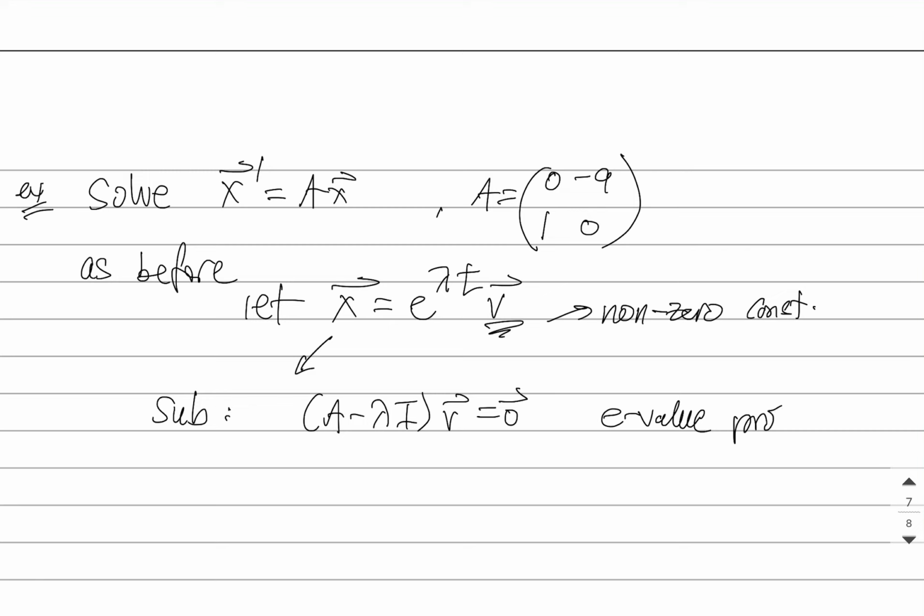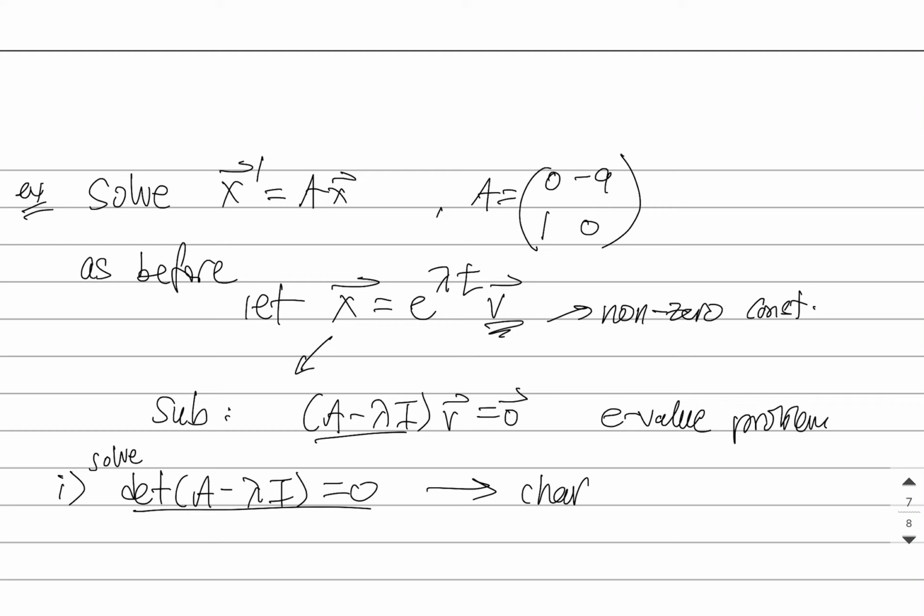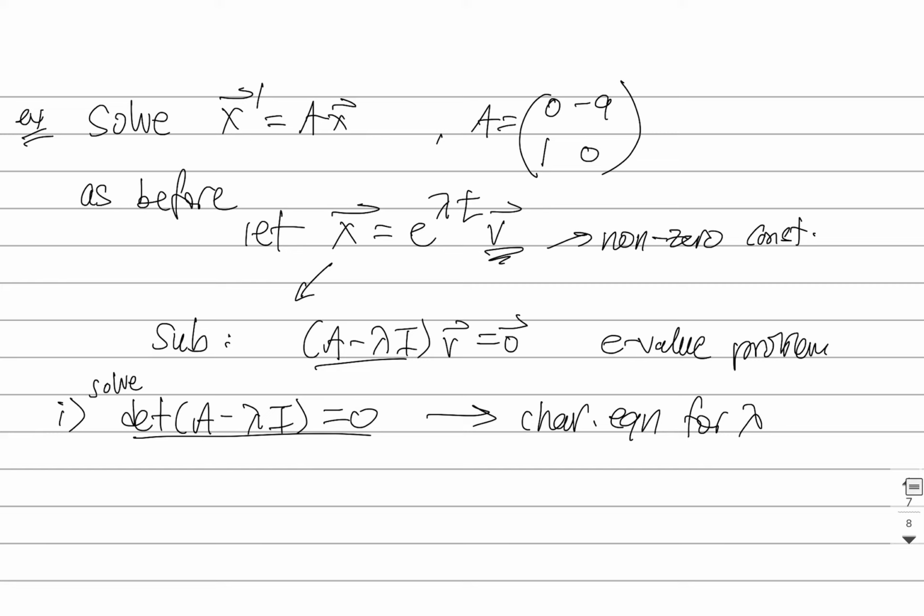Now, as before, number one, we need this matrix to be non-invertible so we can find non-trivial solutions. So what we need to do is solve the determinant of A minus lambda I equals 0. This is going to give us what's called the characteristic equation for lambda. It's going to be a polynomial whose degree is the same as the size of our system.